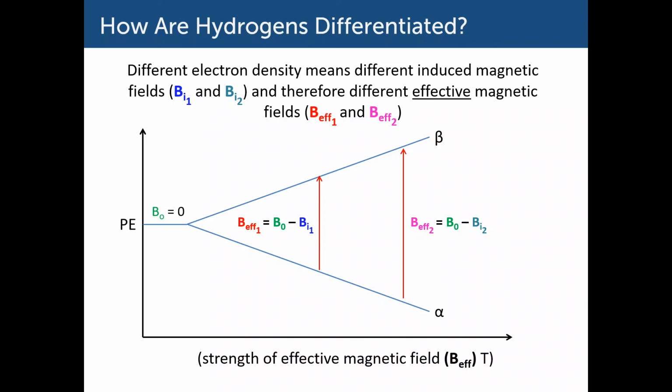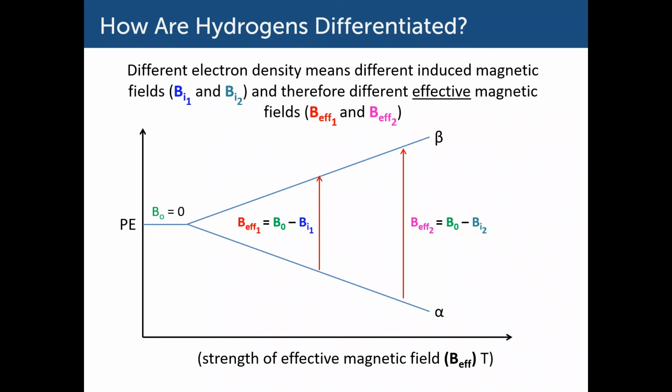So if we look at our plot here, we now have two different situations. We're at two different places on our split between alpha and beta in an energy sense, right? So if we've got more shielding, like B sub I sub 1, for instance, then we're further to the left on our plot, and our B effective is smaller, right? So we're further to the left on the x-axis.